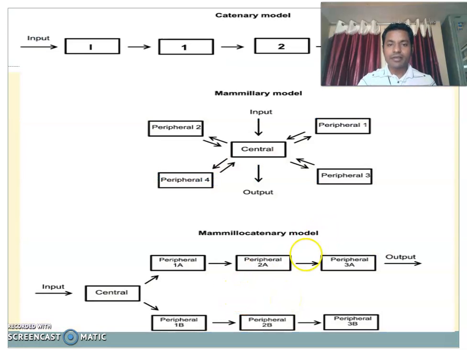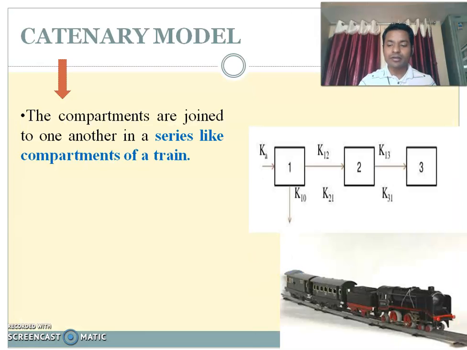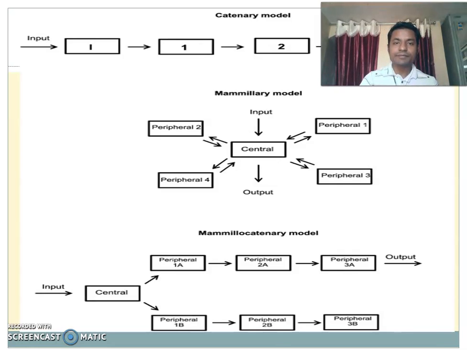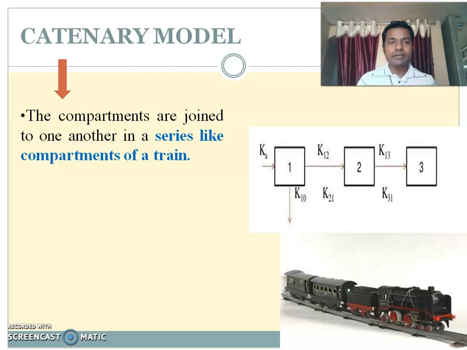In this figure, we can clearly see the first is the catenary model where the compartments are arranged in a series, right. Second is the mammillary model. It looks like a planetary structure. At the center is one compartment and other peripheral compartments surround that particular central compartment. Right. Now the catenary model: in the catenary model, the compartments are joined to one another in a series like a train.